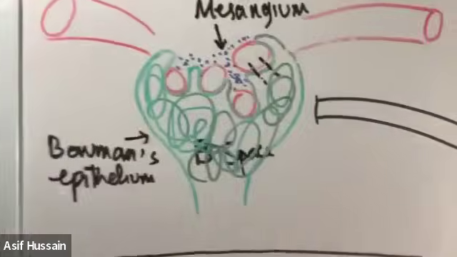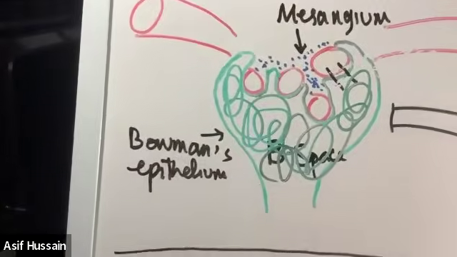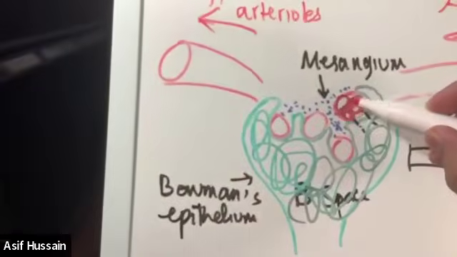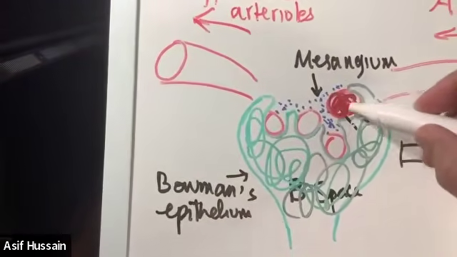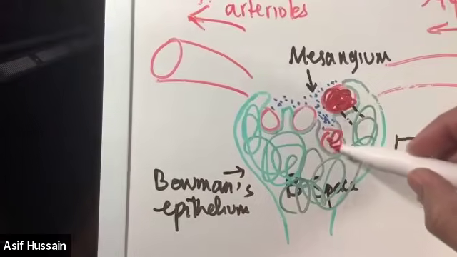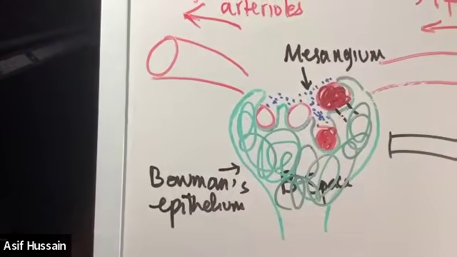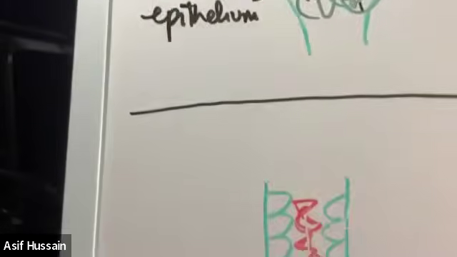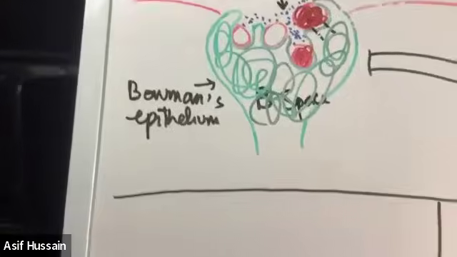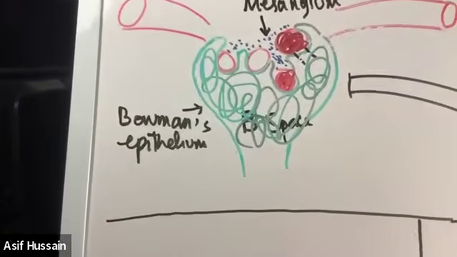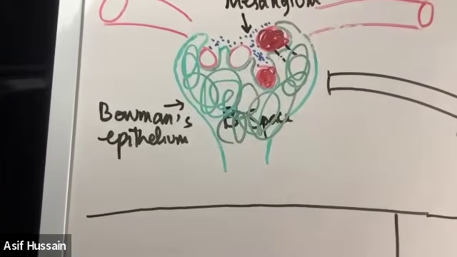Similarly, when the endothelial cells expand, they will fill up the capillaries like this, and that will block the capillary lumen. Okay, that will further compromise the renal function. So proliferation of the mesangial cells and proliferation of the capillary endothelial cells will occlude the capillary lumen.